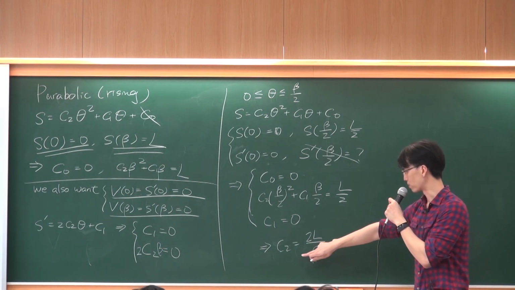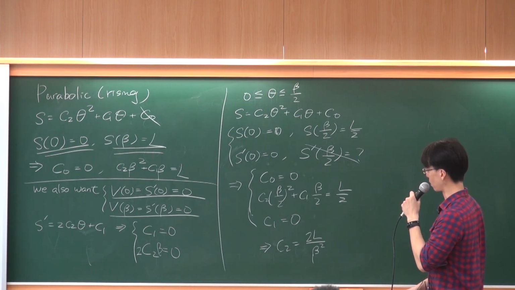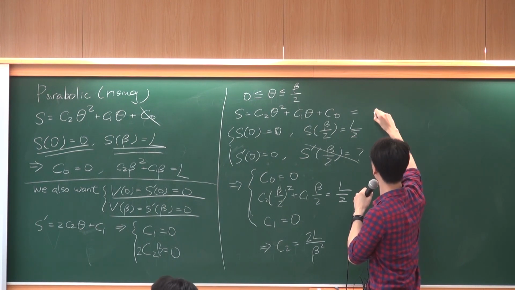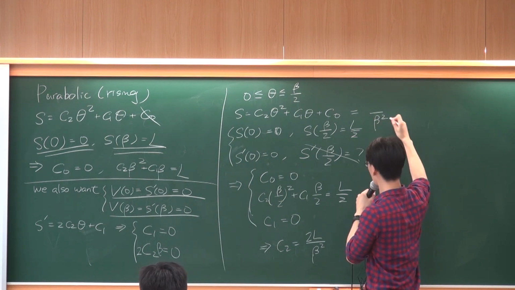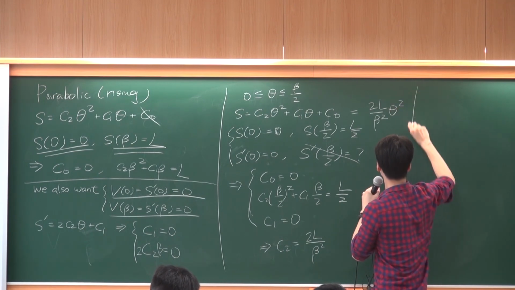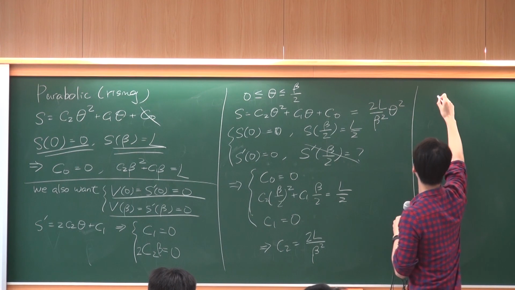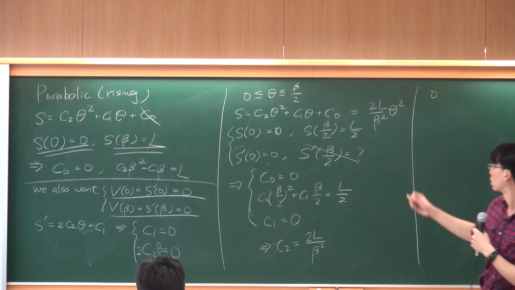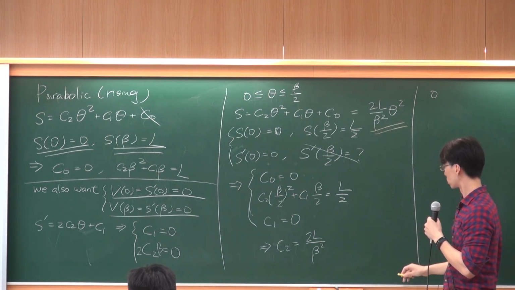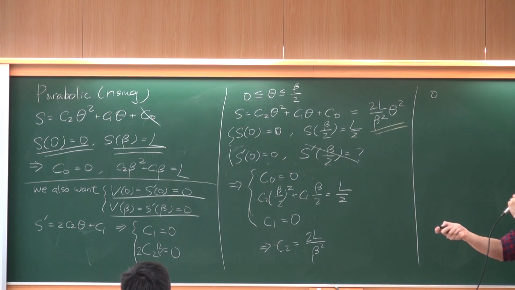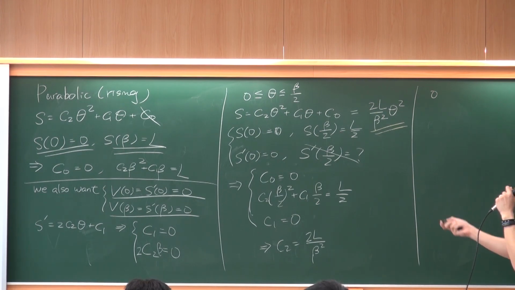You'll get C2 is 2L over beta squared. So this is for the first segment, and you can satisfy these 3 conditions.